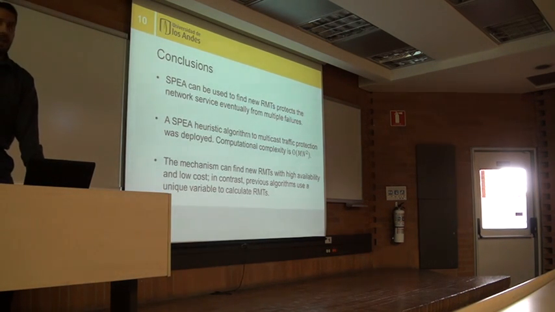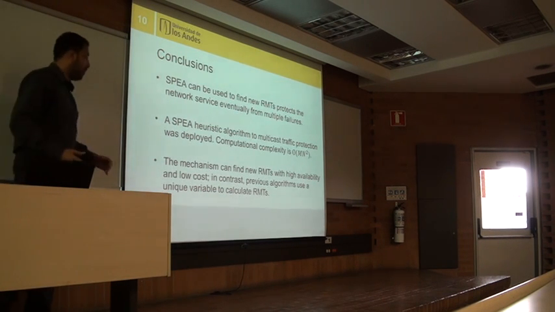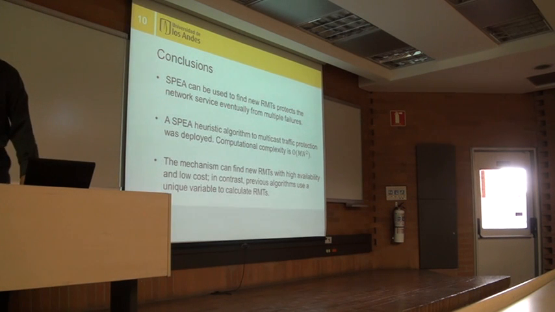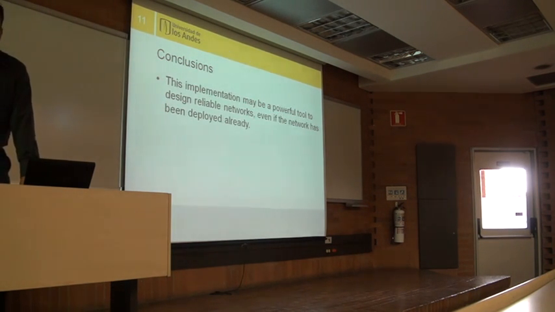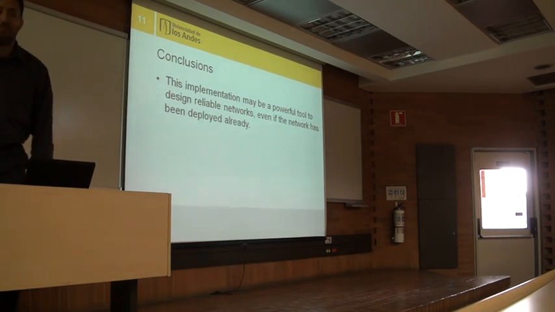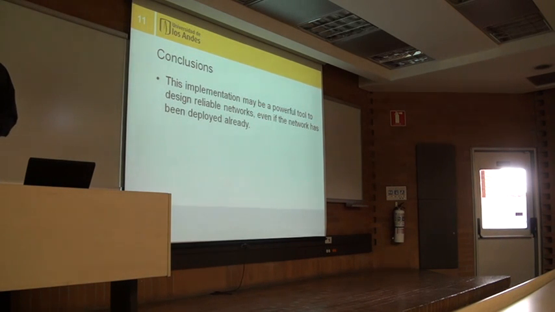The mechanism finds highest availability and lowest cost, in contrast with the previous algorithm that used only one variable for creating their RMTs. This implementation may be a powerful tool for designing reliable networks, even if the network has not been deployed yet. That is the problem now with the telecom operator in Colombia.